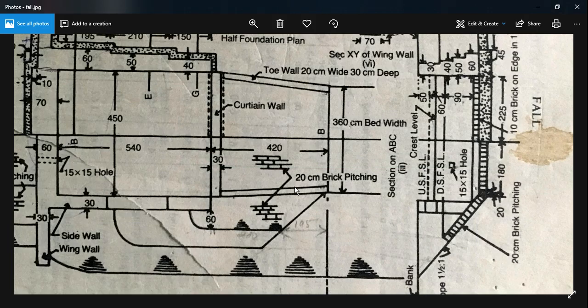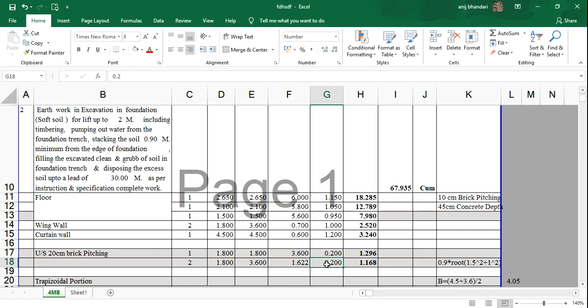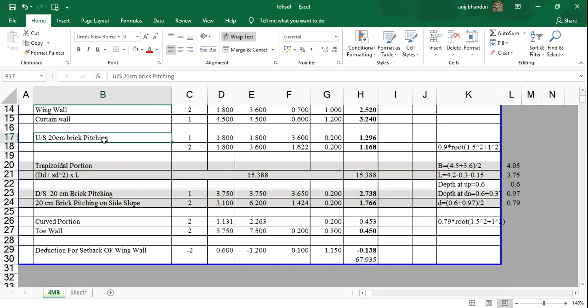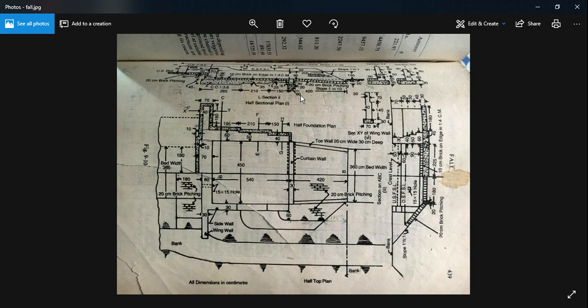And the depth of brick pitching is still 0.2 meter. I wrote that there. So we completed upstream 20 centimeter brick pitching. Now comes the trapezoidal portion here, over here, this portion.